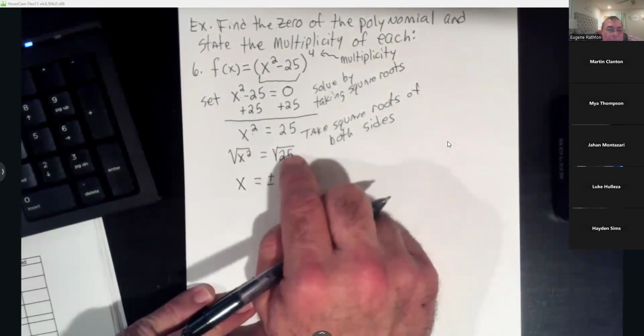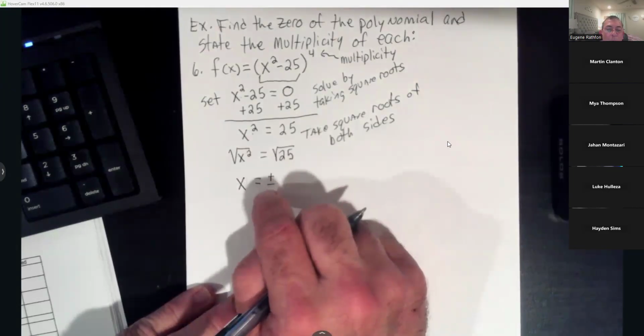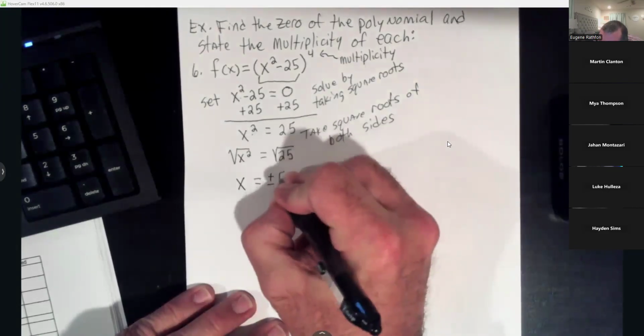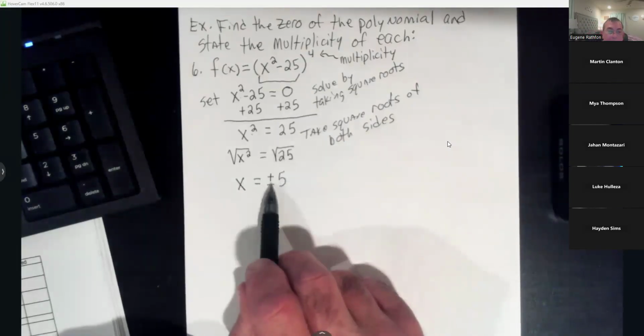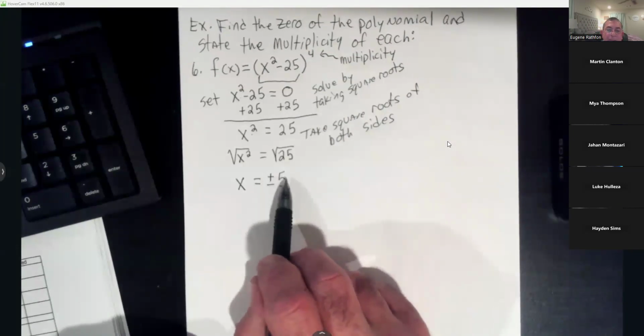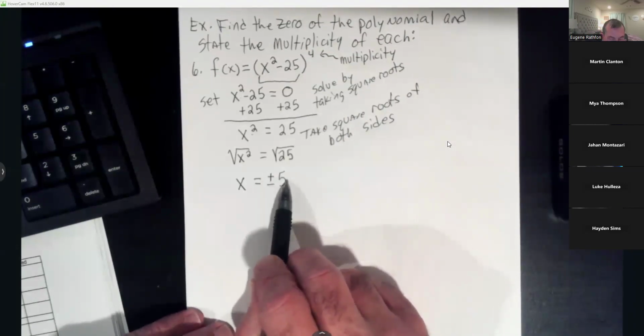So the square root of 25 is a plus or minus 5. Okay, 5 times 5 equals 25. Negative 5 times negative 5 equals 25. So square roots got two answers, a plus or minus, and then that number.